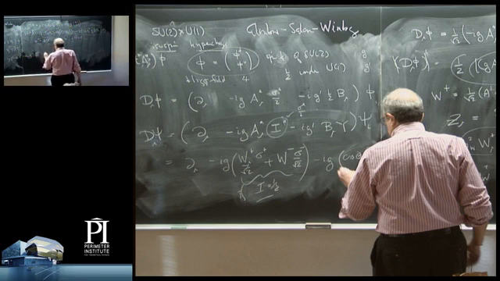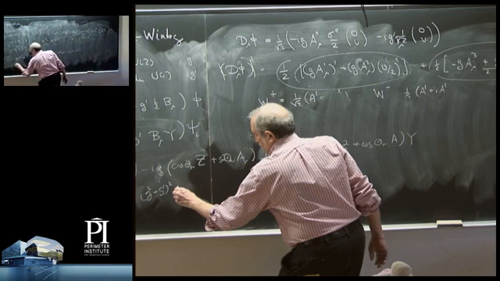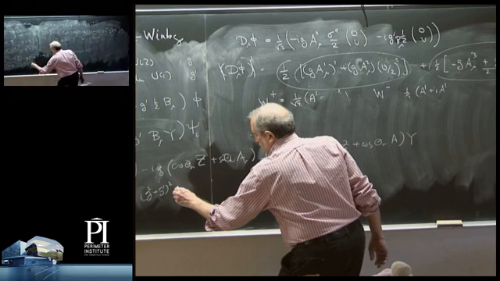Minus IG prime times the minus the sine of theta W times Z plus the cosine of theta W times A times Y. And the G I can write as G squared plus G prime squared to the 1/2 times the cosine of theta W, using the formula over there. And G prime is the same thing times the sine of theta W.